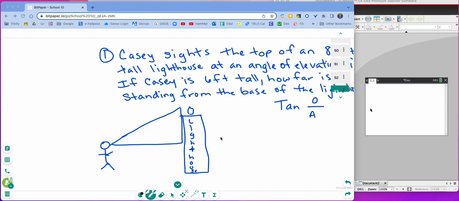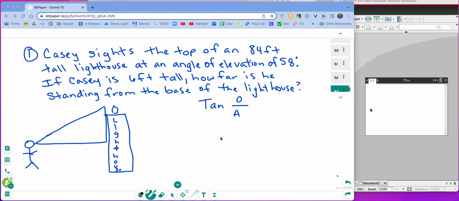So now let's take a look at a word problem that we might have and figure out how we can label our diagram. Casey sights the top of an 84-foot lighthouse. So the first thing that we know is that the lighthouse stands 84 feet.